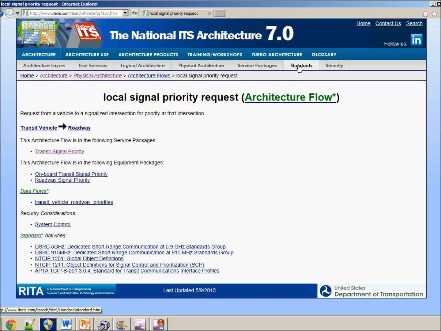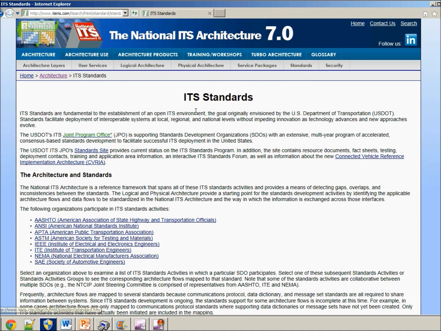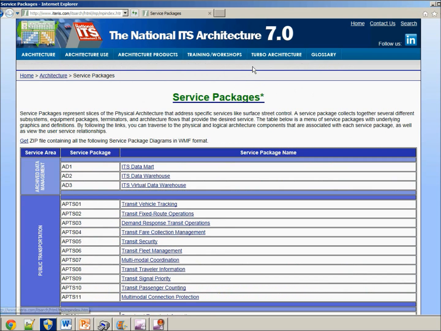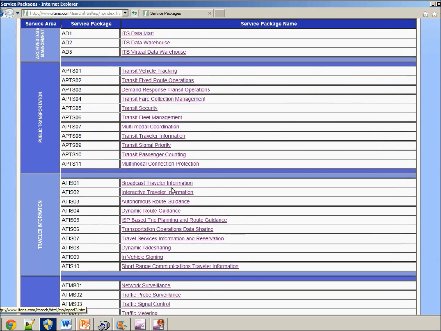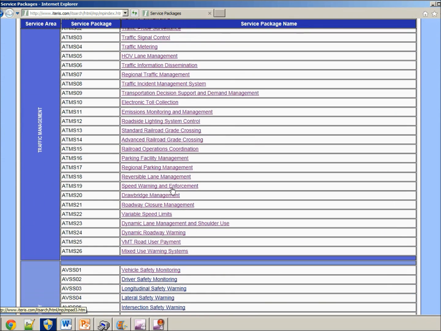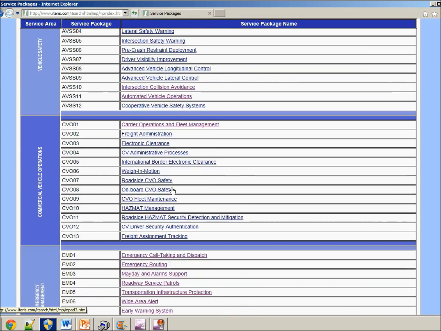The website also contains more information about the standards developing organizations and each particular standard. There are 97 service packages identified in the National ITS Architecture website.